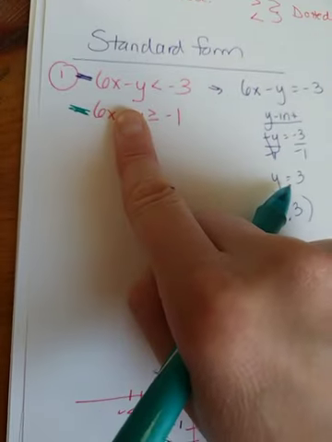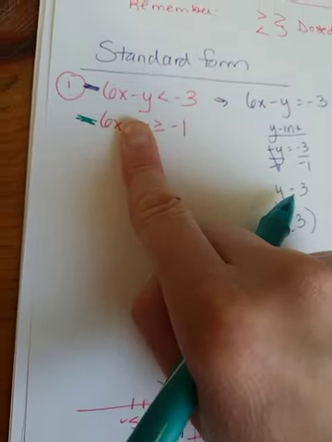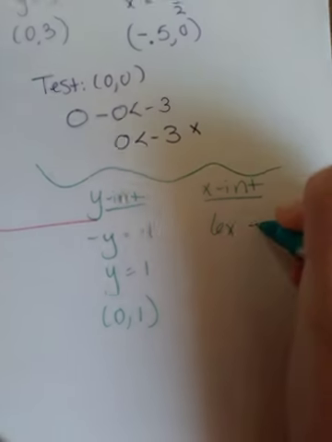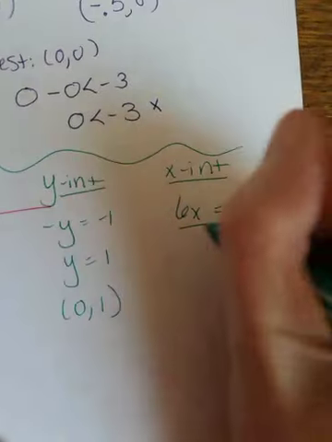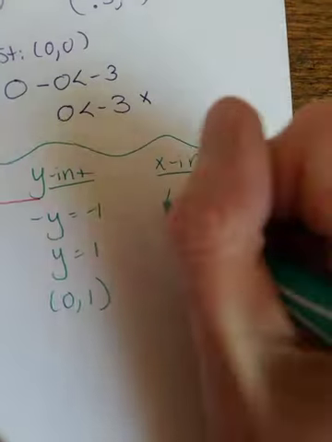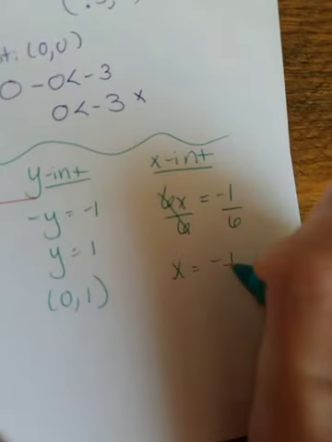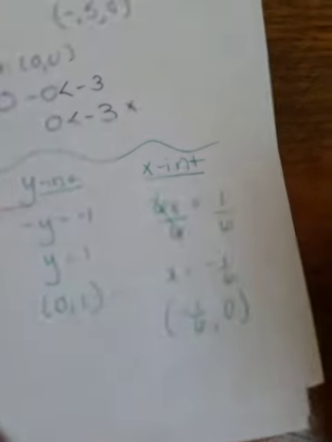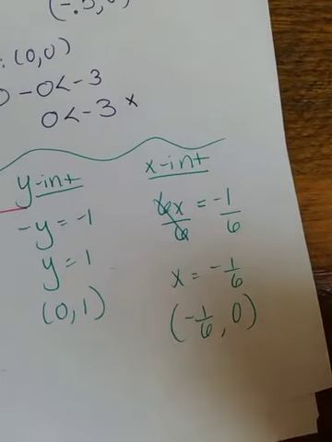For my x-intercept, I cover up the y, and I have, remember, really the equation, because we don't look at the inequality till later, 6x equals -1. To solve for x, I divide both sides by 6. I get x equals -1/6. And that's okay that it's a decimal. I'm going to try to get it as close as I can.